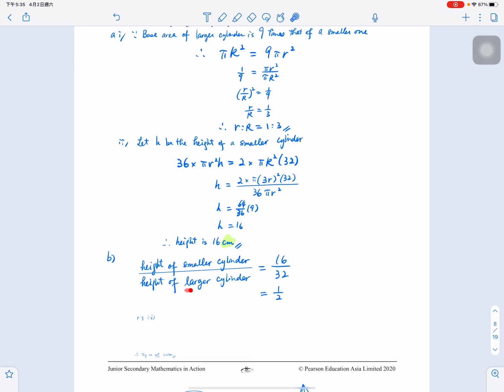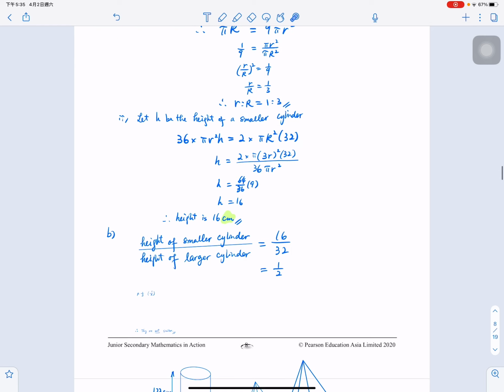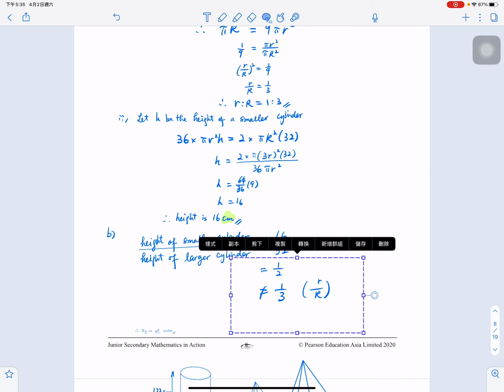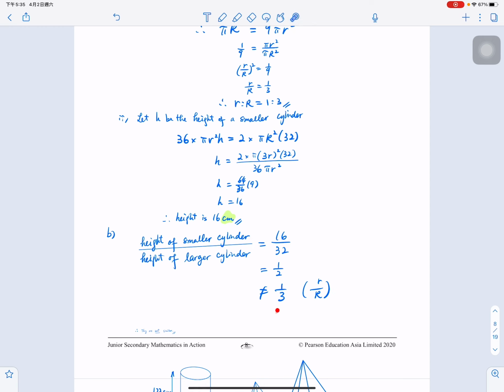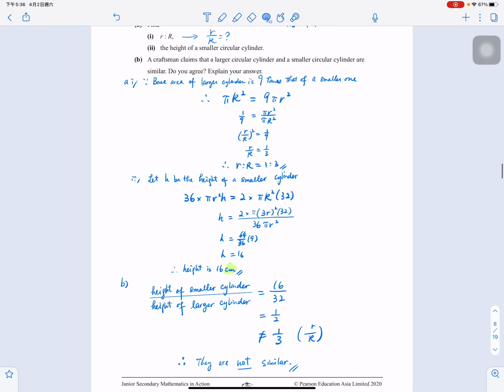So smaller over the larger one is 1 to 2. However, what is the ratio of the radii? 1 to 3. So it's not equal to the ratio of the two radii. So the answer: they are not similar. They are not similar. Clear?